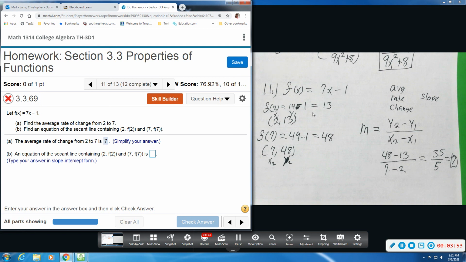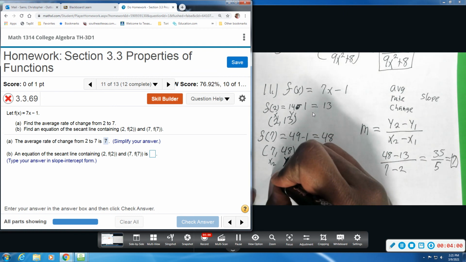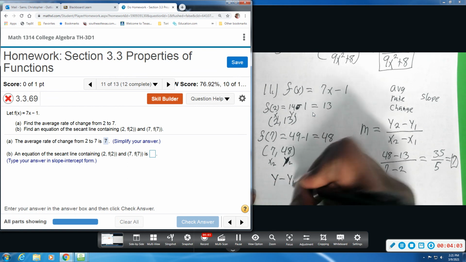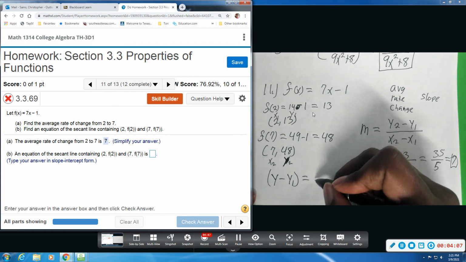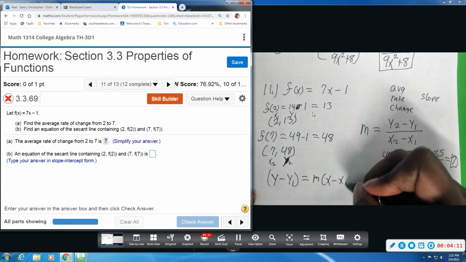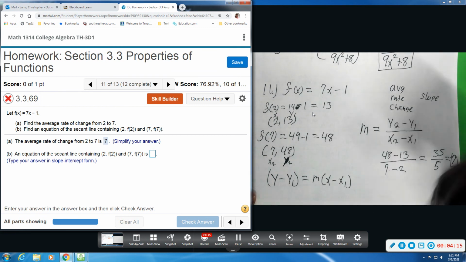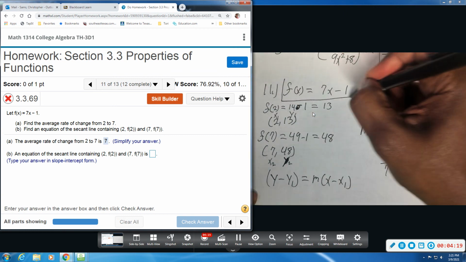But if you were to do point slope form and use one of these points, so let's remind ourselves what point slope is: y minus y1 equals m times x minus x1. If you were to use this point slope form and use any one of these 2 points, you would still end back up with this equation.